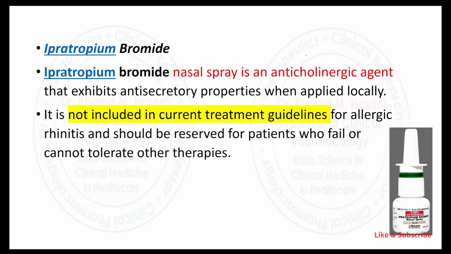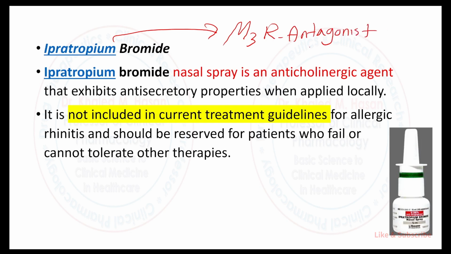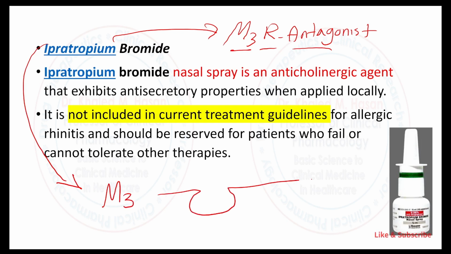Ipratropium intranasal. Again, to remind you what ipratropium is: it is a muscarinic receptor antagonist. Someone may be confused about what ipratropium is. It is a muscarinic receptor antagonist, which means this medication binds to the M3 receptor and blocks the receptor.